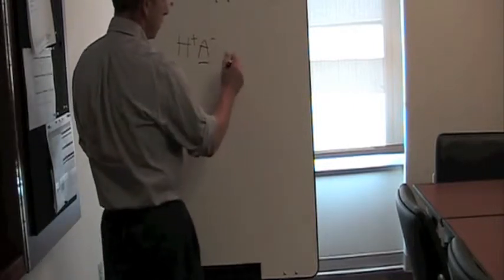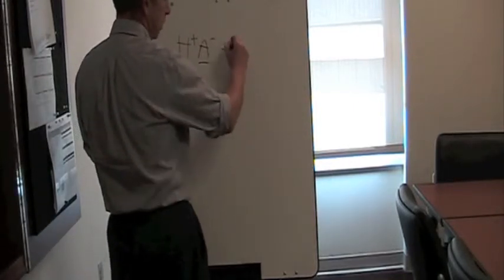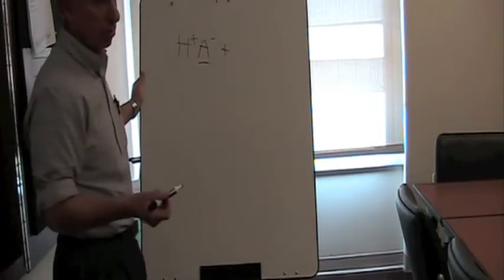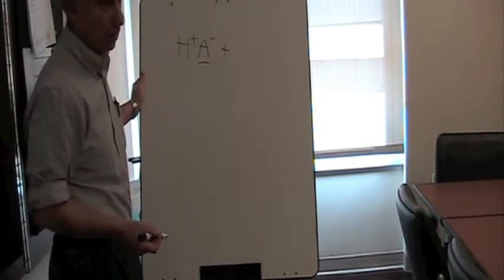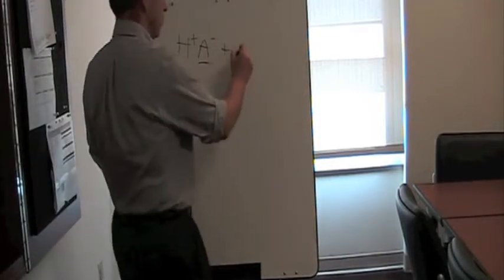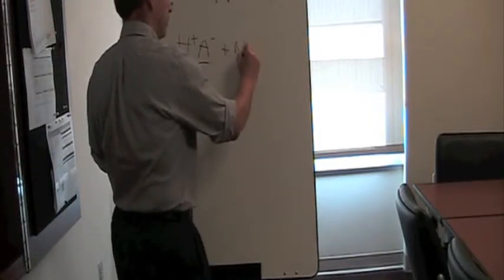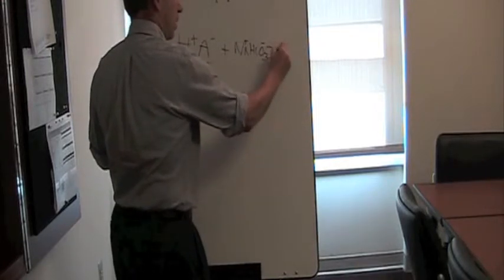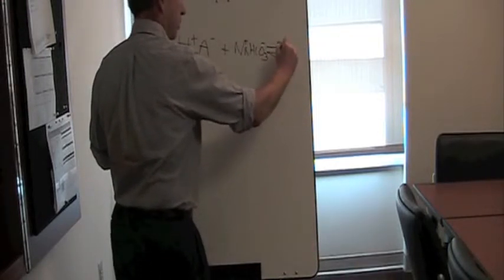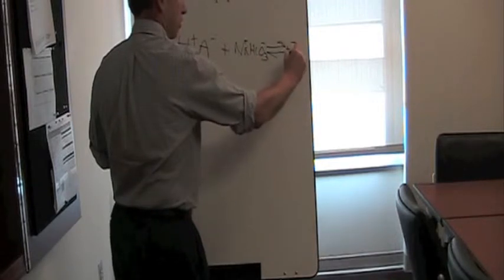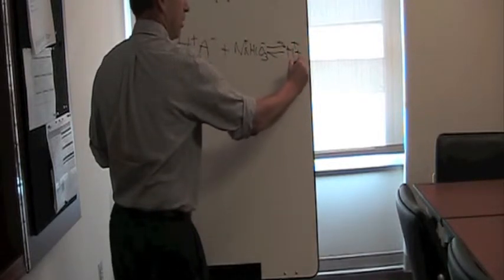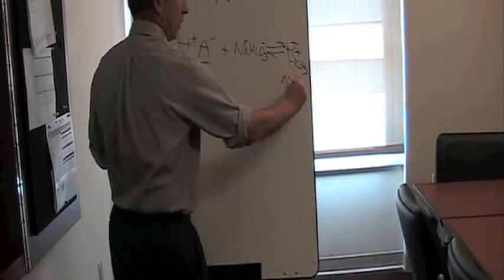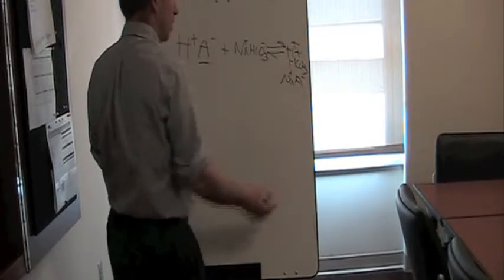And normally, what's the major buffering system for acid in the body? Bicarb. So normally you have sodium bicarb, and this reaction goes to H plus HCO3, and then you have sodium and then the anion.